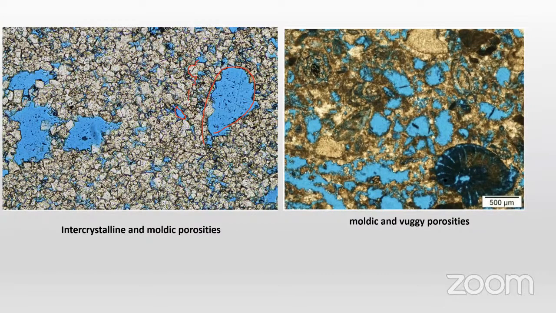If you look at this bioclast, we have some sort of vuggy porosity here or here, but most of this porosity is connected to each other. In this part we have vugs, because the dissolution affected both the matrix and also the grains. That's the grains, and that one was matrix. But for this part, that's a moldic porosity, because it just affected the grains.